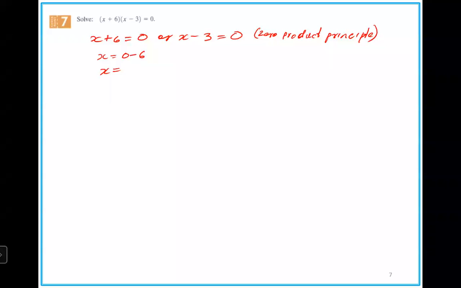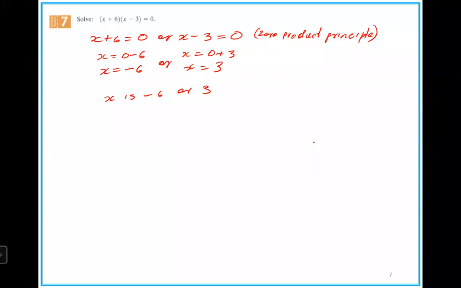Negative 6. Okay. Or x equals what? 0 plus 3. So x equals 3. All right, so our solution is x is negative 6 or 3.